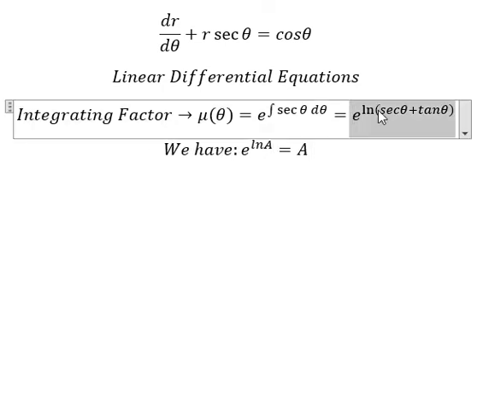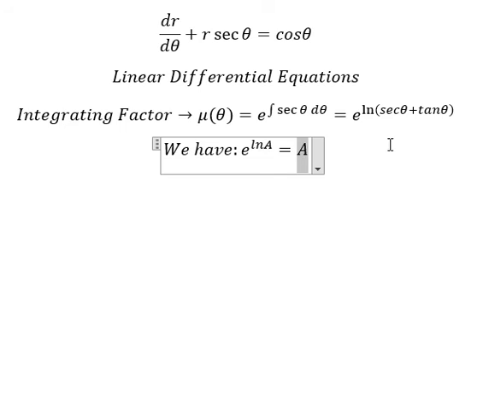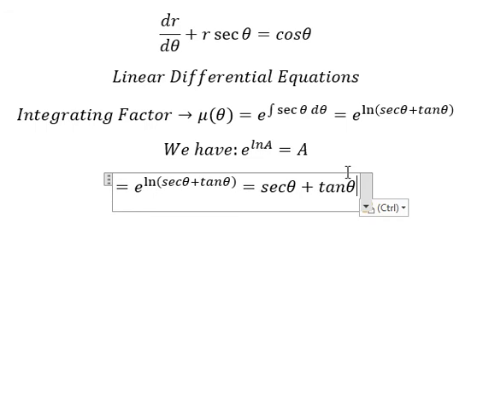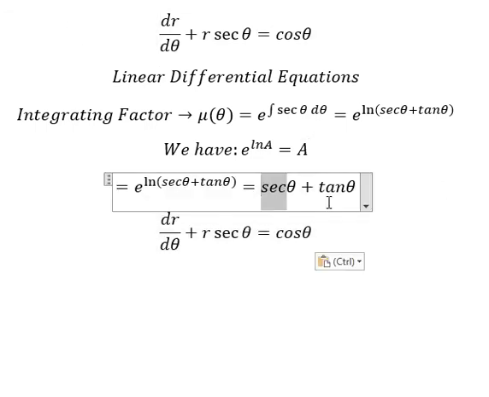So we need to transform this one into this one. And we have like this. That means we multiply both sides by this one.